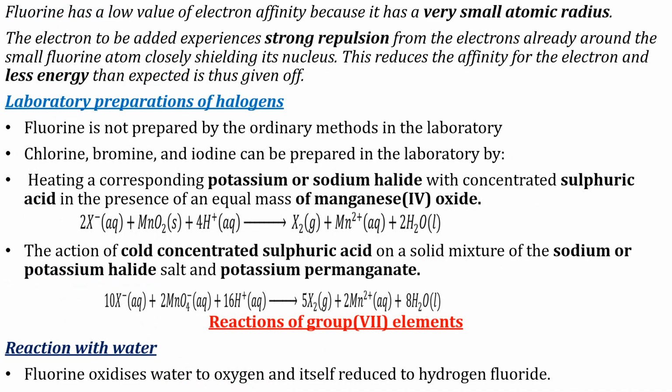Now there are some questions that will tell you, explain why fluorine has the lowest value of electron affinity. Now in inorganic chemistry, whenever you see the word why, or whenever you see the word reasons, we are asking for periodicity. I want you to remember that.